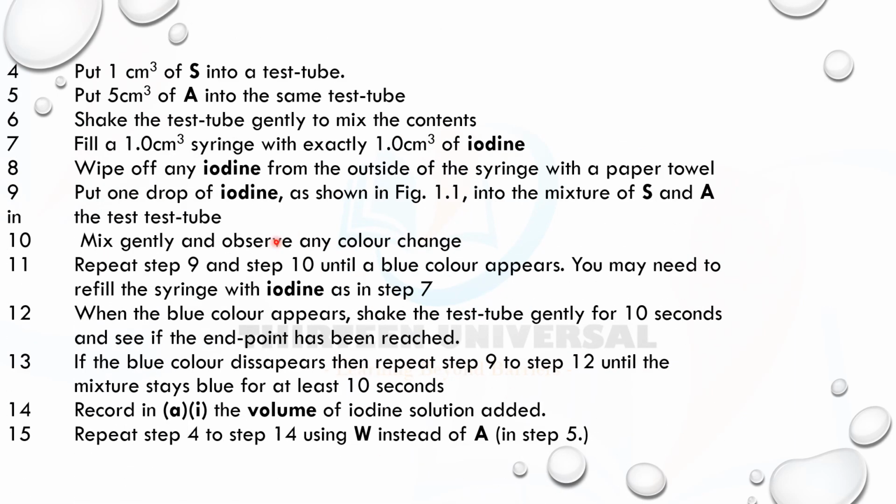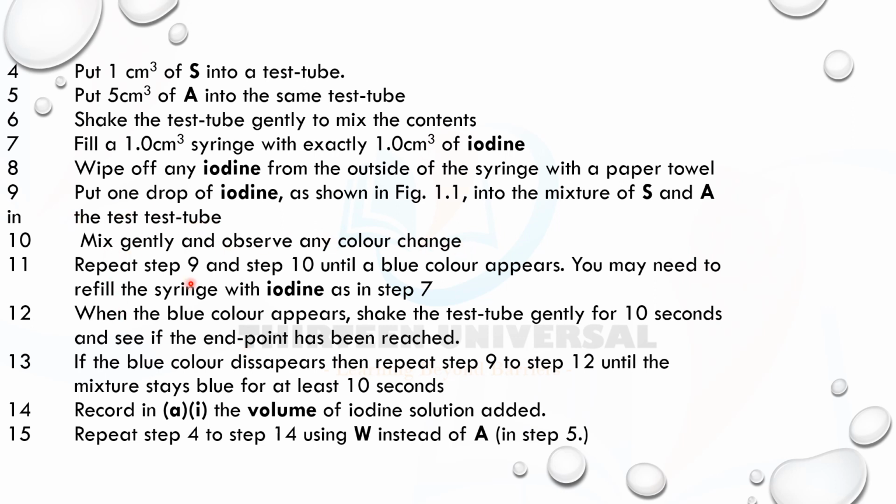All right, they said put 1 cm cube of S into a test tube, put 5 cm cube of A into the test tube, and shake the test tube gently to mix the contents. Fill a 1.0 cm cube syringe with exactly 1.0 cm cube of iodine, wipe off any iodine from the outside of the syringe with a paper towel, and put 1 drop of iodine as shown in figure 1.1 into the mixture of S and A in the test tube. Mix gently and observe any color change.